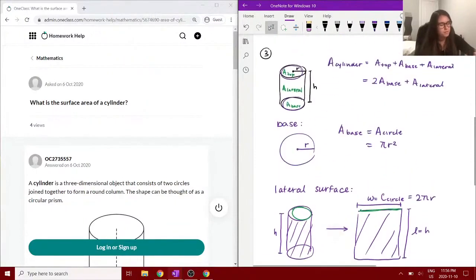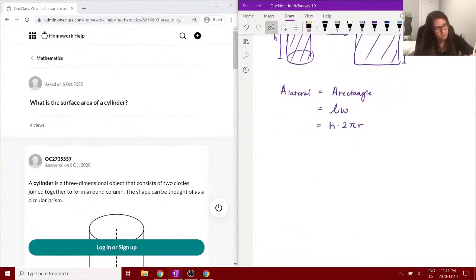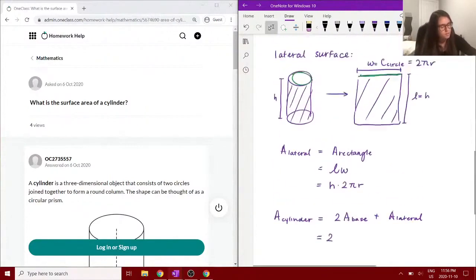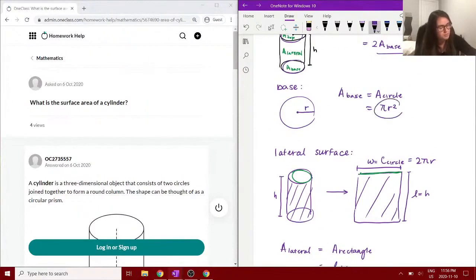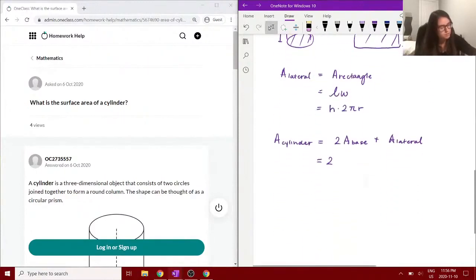Now all we have to do is go back up and add them together to get the total area of the cylinder. The area of the cylinder is equal to 2 times the area of the base, because we have to account for the top and the bottom, plus the area of the lateral surface.